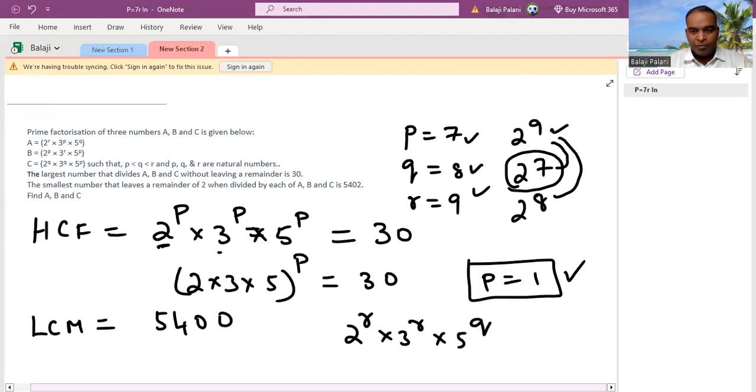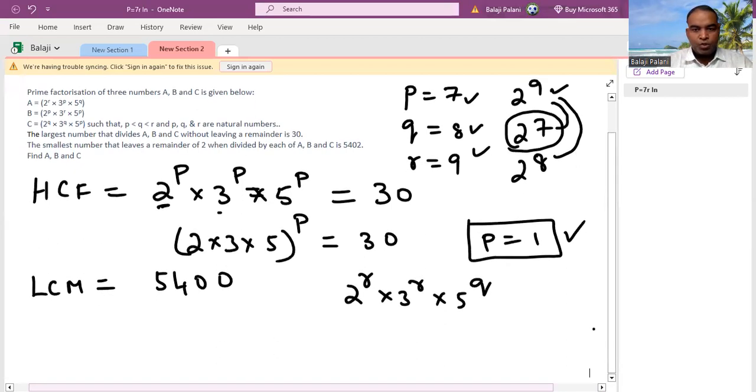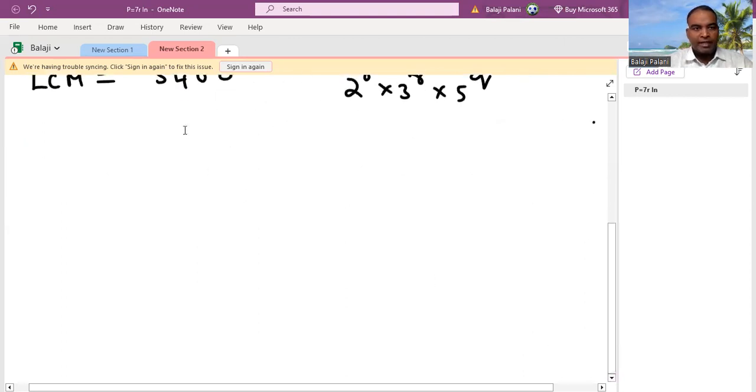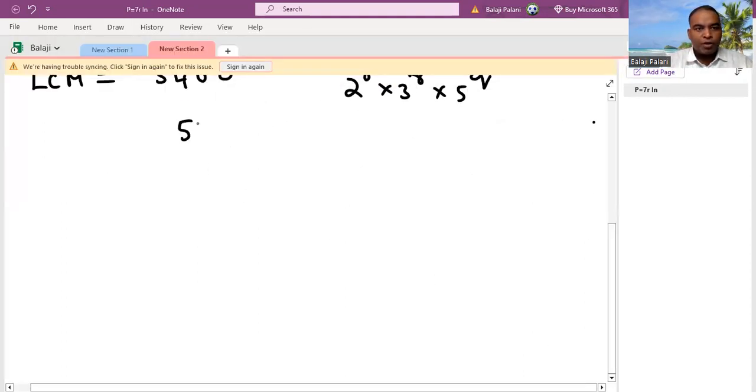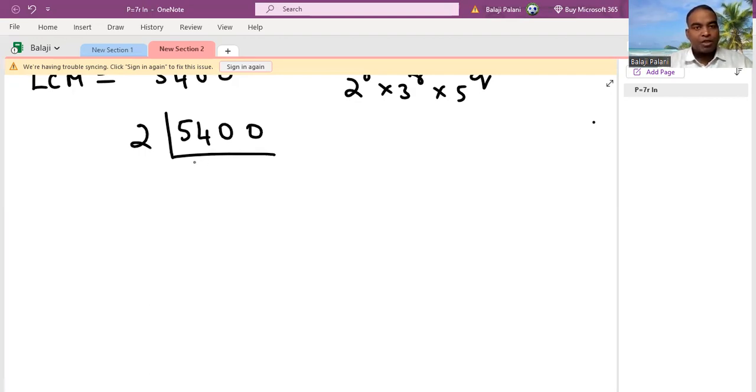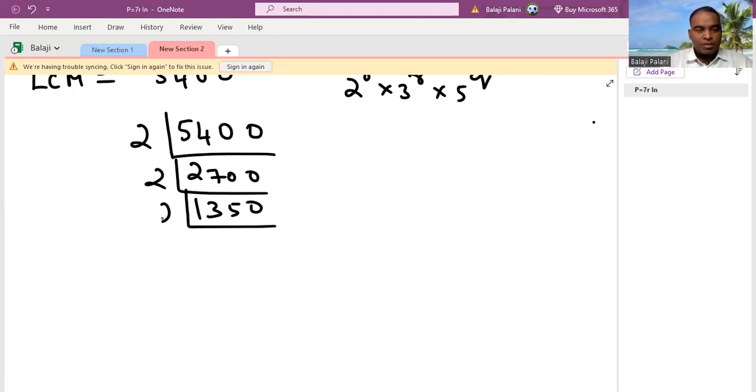Now let's prime factorize 5,400 to get it in terms of 2, 3, and 5. This is the fundamental theorem of arithmetic: any number can be expressed as a product of primes, just that the combination differs. So we quickly prime factorize: 5,400 gives 2,700, then 1,350, and dividing by 2 we get 675.